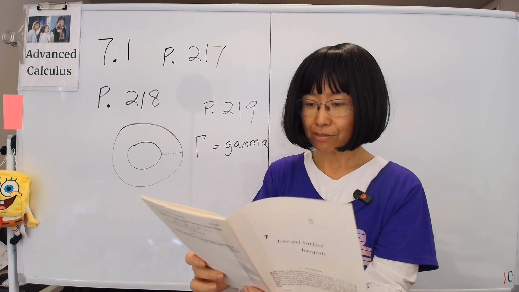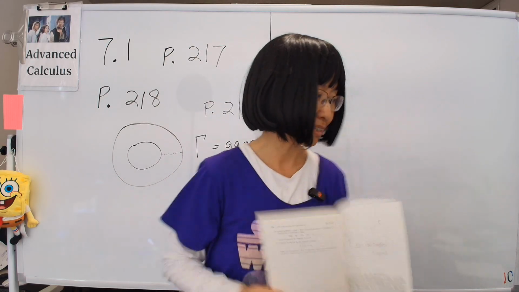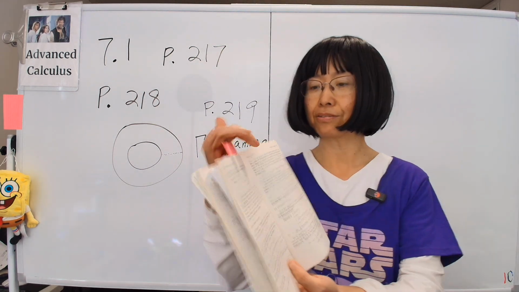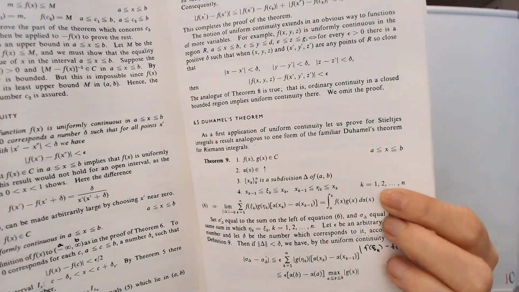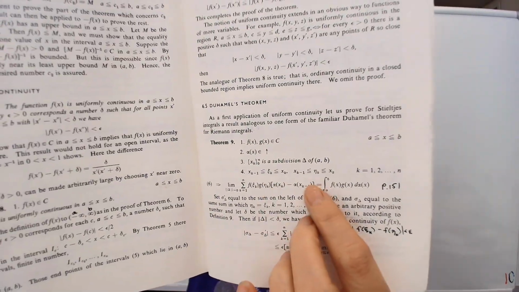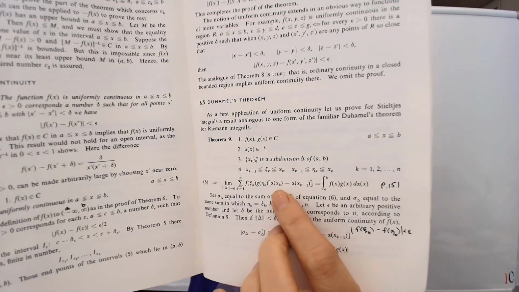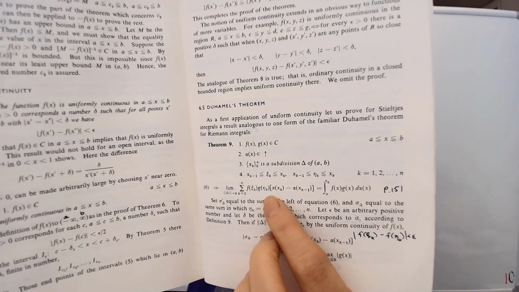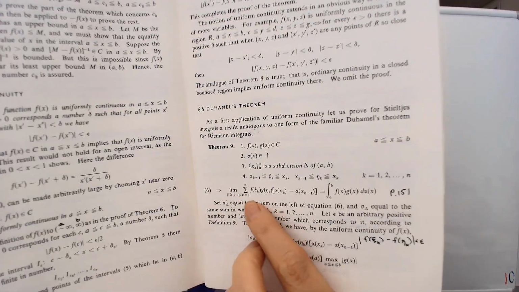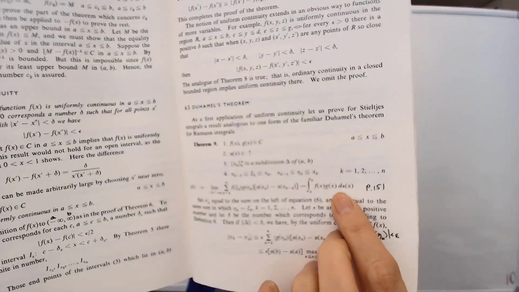So then next we're going to pull out Duhamel's theorem right there. And Duhamel's theorem on page 173 says that if we have a proper situation, then this limit exists, and it equals this integral, okay?